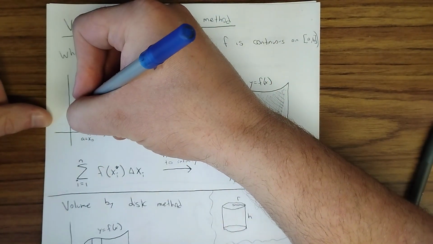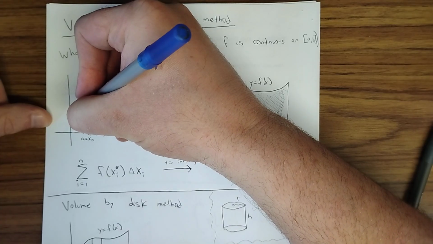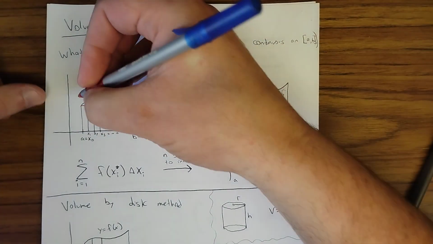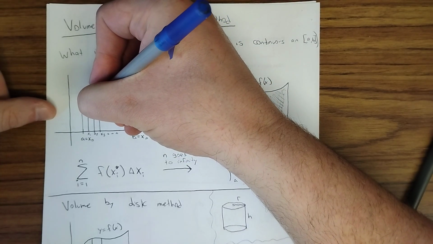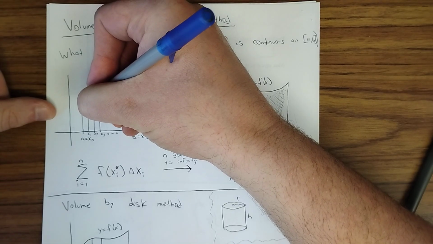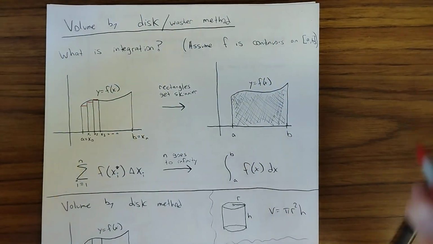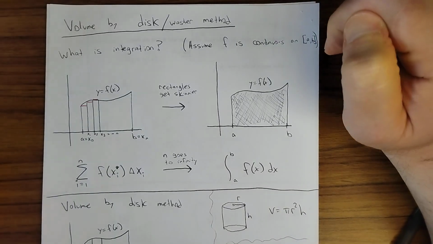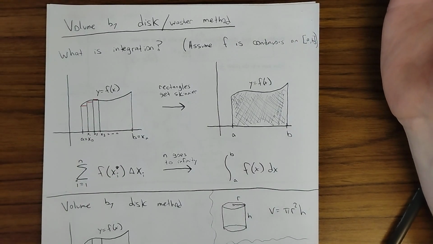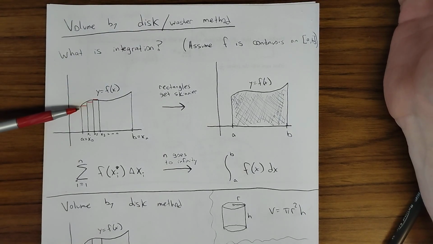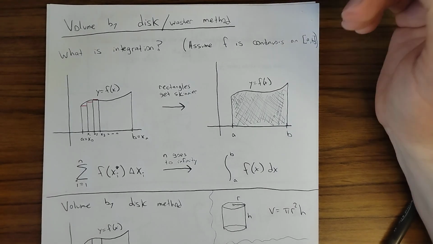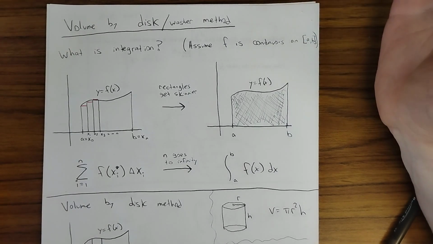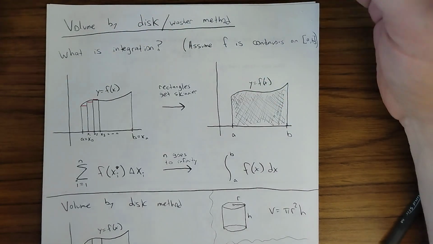But if I'm choosing the left endpoint rule, then I would draw the height of my rectangle there, and then there. This one is almost flat, so it hardly matters. Hopefully you get what we're doing. Of course, if we're going to use lots and lots of rectangles, in the end it doesn't really matter whether we use the left endpoint, the right endpoint, the midpoint, or whatever. Anyway, I don't want to get too off track here.